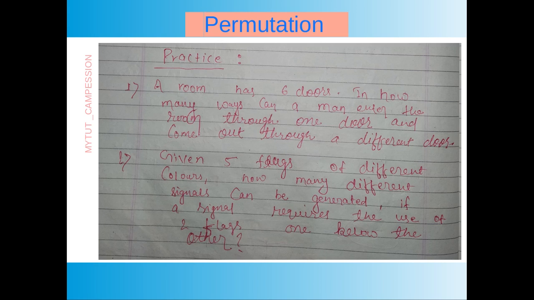Now the next question is, given 5 flags of different colors, how many different signals can be generated if a signal requires the use of 2 flags, one below the other? Given 5 flags of different colors, how many different signals can be generated if a signal requires the use of 2 flags?